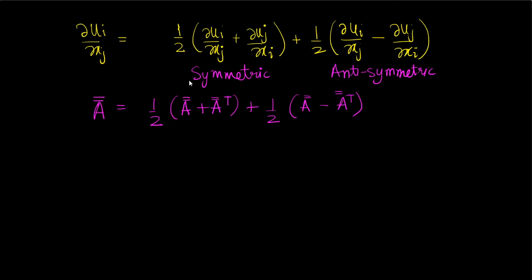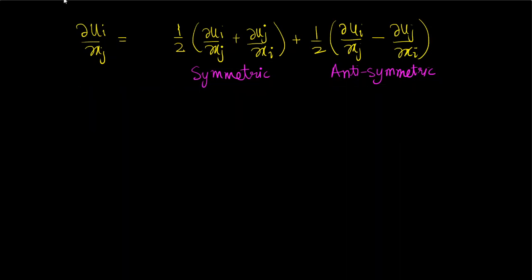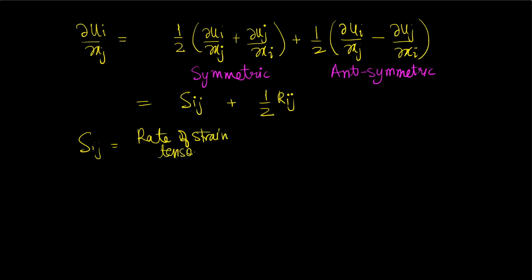Now we call the symmetric part Sij, and we represent the antisymmetric part as half of Rij, where Sij is called the rate of strain tensor. It's also sometimes called the strain rate tensor.